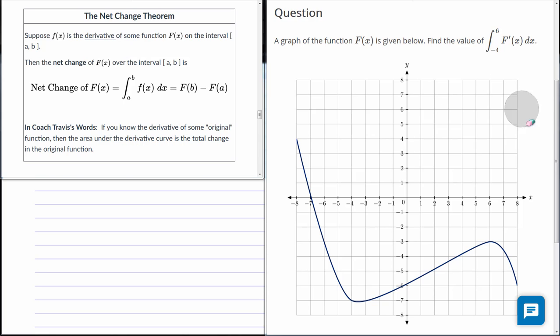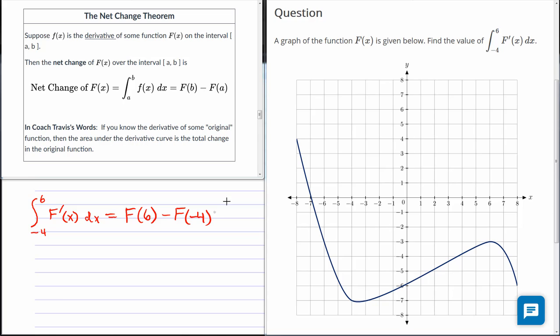So the moral of this is basically just this. The integral from -4 to 6 of capital F prime of x dx is equal to capital F of 6 minus capital F of -4.